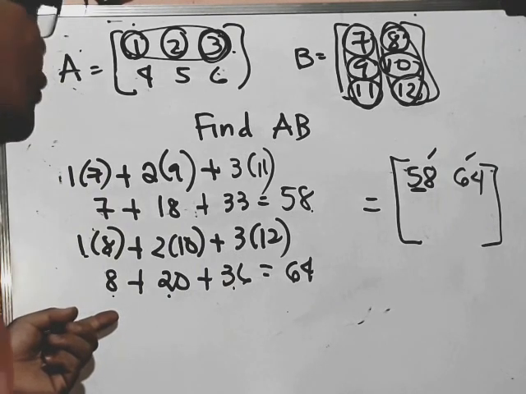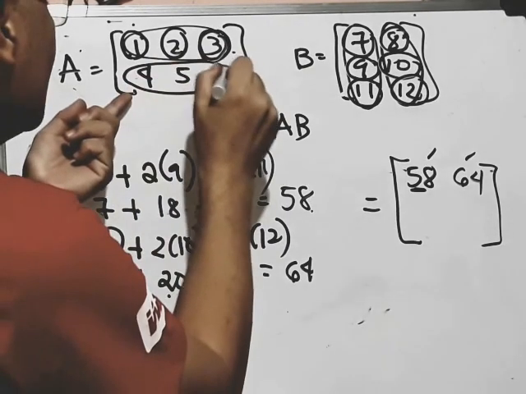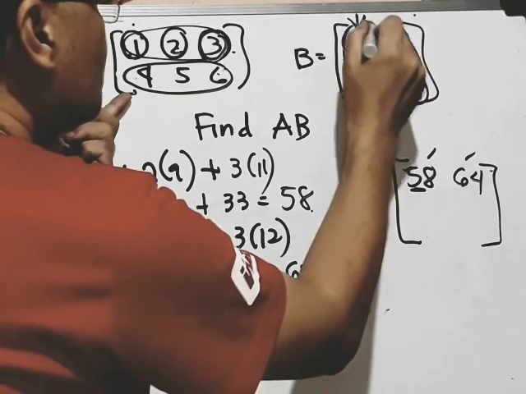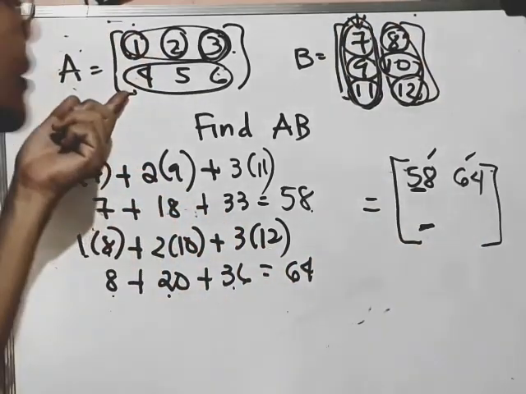Yung susunod, yung row 2 ng A, imumultiply natin sa column 1 ng B. Dito ulit. Dito naman natin ilalagay yung answer.